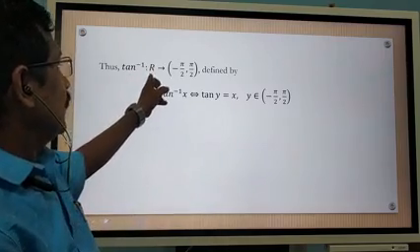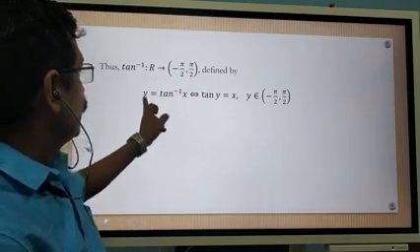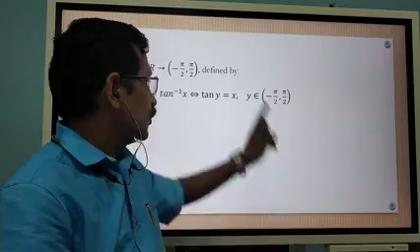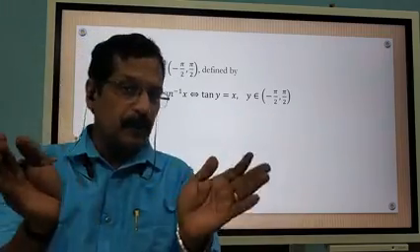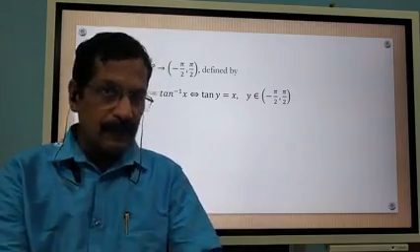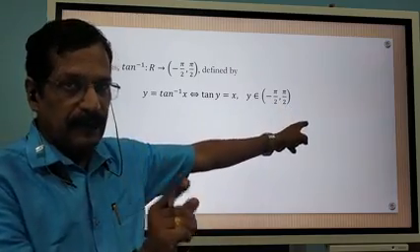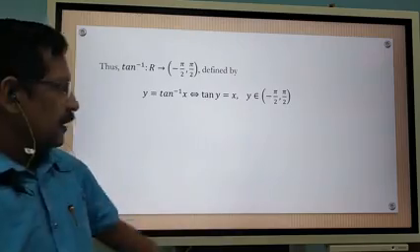Thus, tan inverse is from R to minus pi by 2 to pi by 2, defined by y is equal to tan inverse x, implies and implied by tan y is equal to x, where y is an element of the open interval minus pi by 2 to plus pi by 2. Please note that it is the open interval, so the range of tan inverse is an open interval.